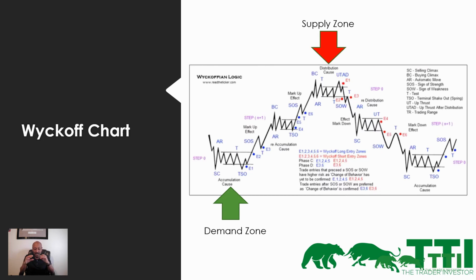So if it's in the accumulation phase, where price has been coming down and is finally finding a base and staying stable and not going down any further, and volume supports this idea, because you will start to see decreasing volume as price is making even lower lows from the selling climax to the terminal shakeout. The terminal shakeout could be a lower low, but volume will not be very strong. So this is a good indication that this is an accumulation, this is a demand zone.